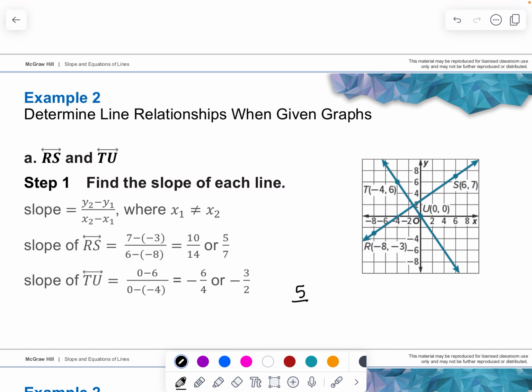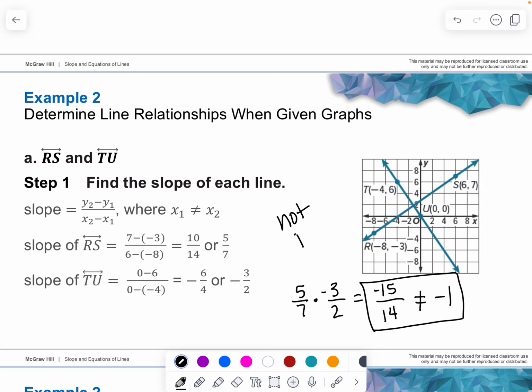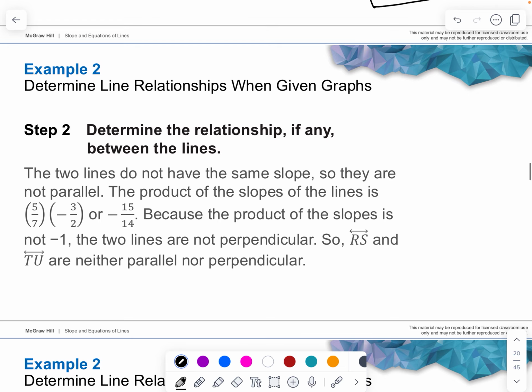So 5/7 times -3/2 equals -15/14. That is not equal to -1. So these are not parallel or perpendicular. There we go. Neither parallel nor perpendicular. Okay.